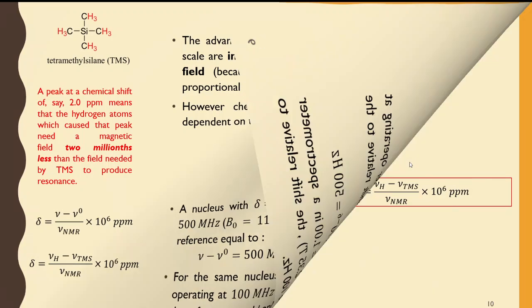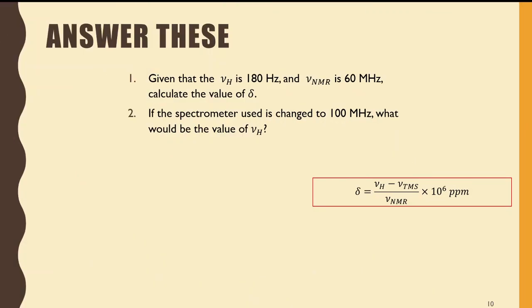Okay, usually I ask you questions at the end of the slides, but this time I'll give you one in the middle. Given that the frequency of the nucleus of the proton is 180 hertz, and the spectrometer's frequency is 60 megahertz, calculate the value of the chemical shift.